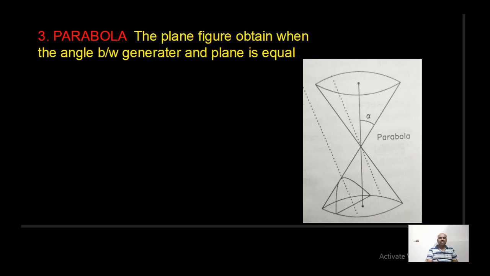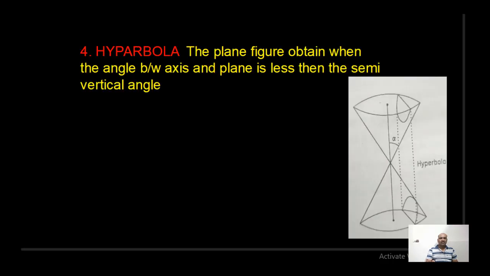Okay students, third one, parabola. The plane figure obtained when the angle between generator and plane is equal, means beta is equal to alpha. So in this case, the figure obtained is nothing but a parabola. So last one, students, hyperbola. The plane figure obtained when the angle between axis and plane is less than the semi-vertical angle, means beta is lesser than alpha.